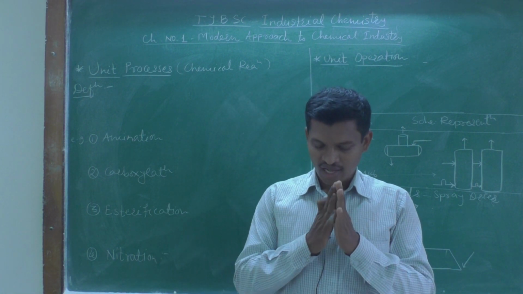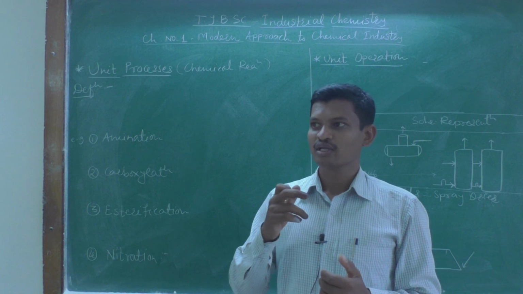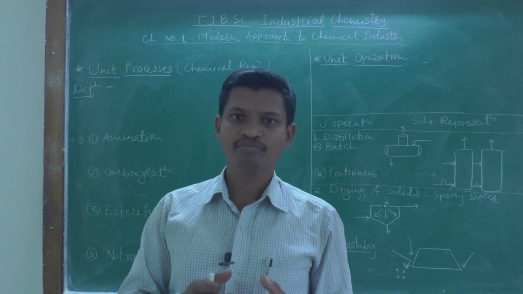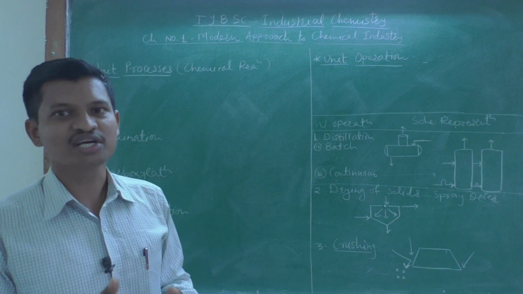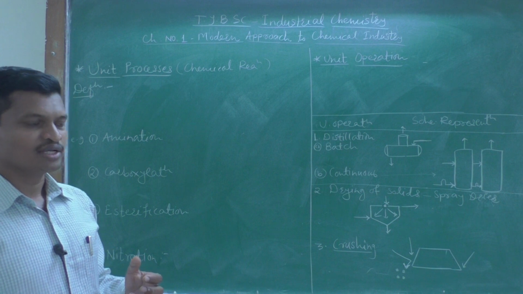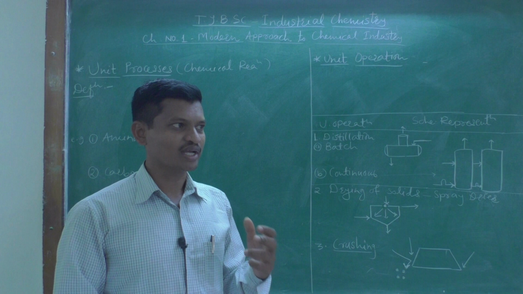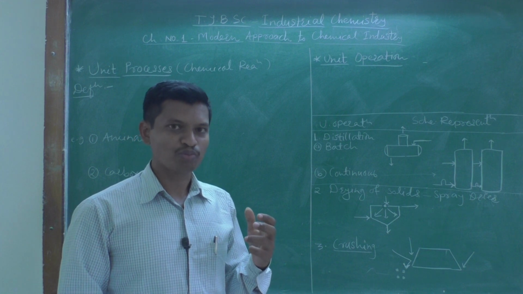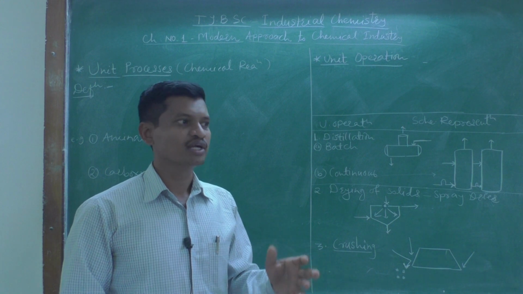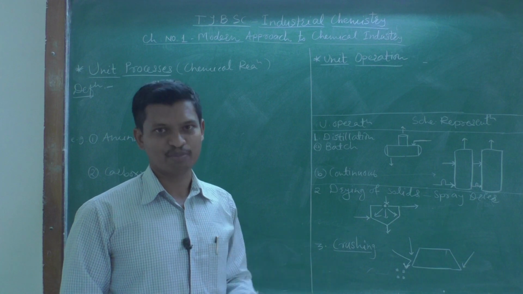To get that desired product, the raw material undergoes many physical and chemical changes. This is nothing but chemical production, where the raw material undergoes different types of processes to convert it into a desired product.